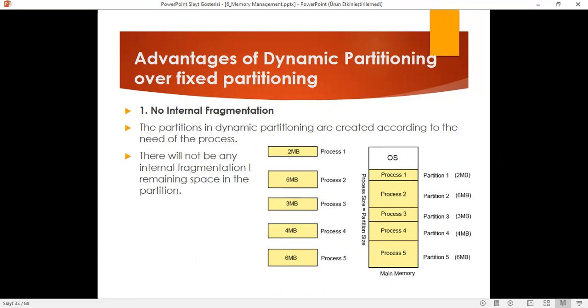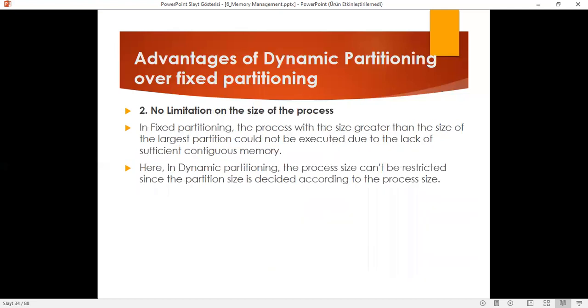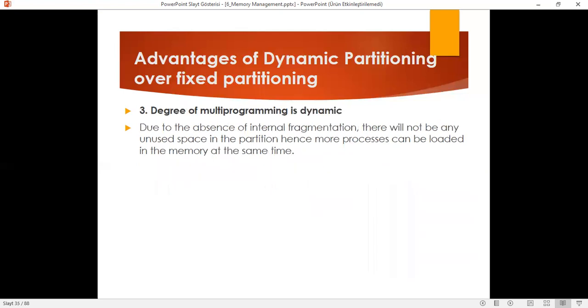But in fixed partitioning, it will not always be possible, because it checks the partition size first. So the degree of multiprogramming is dynamic, because we don't have any internal fragmentation.